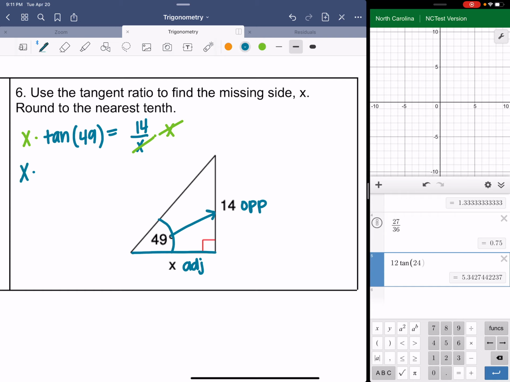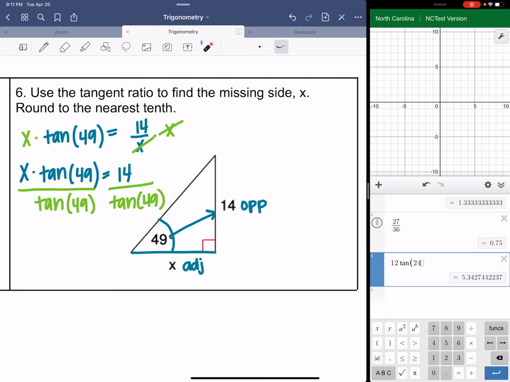So x times the tangent of 49 is equal to 14. Now we still have to get x by itself. So now we need to undo the multiplication of tangent 49. So divide by tan 49 on each side. Now tan 49 over tan 49 is equal to 1 because it's just something divided by itself.